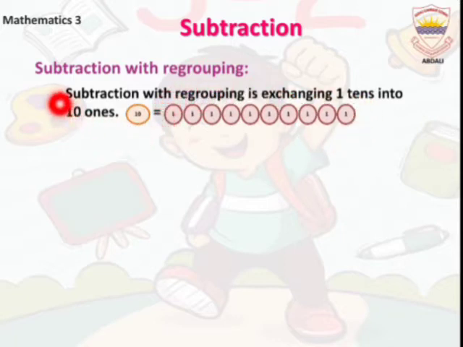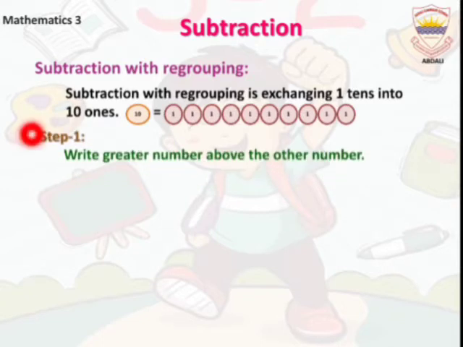Students, for subtraction with regrouping, we have some steps to follow to solve our question. Our step 1 is write the greater number above the other number.